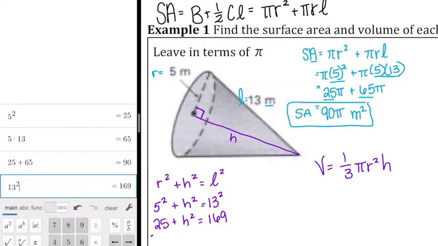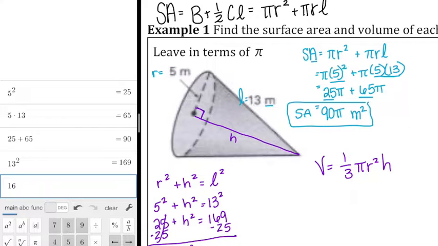So to find h, I need to subtract 25 from both sides. So I'm going to do 169 minus 25, which is 144. That is a perfect square, so if I take the square root of 144, I get 12. So the height of this cone is 12.